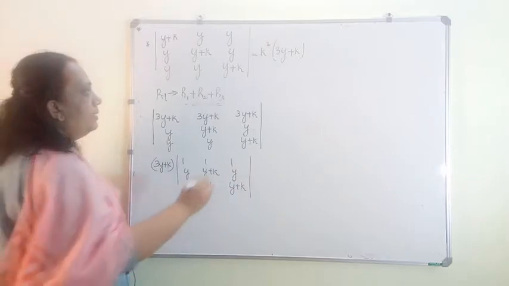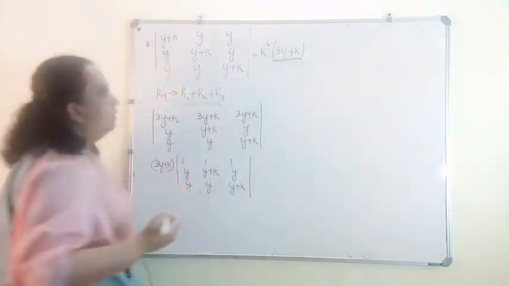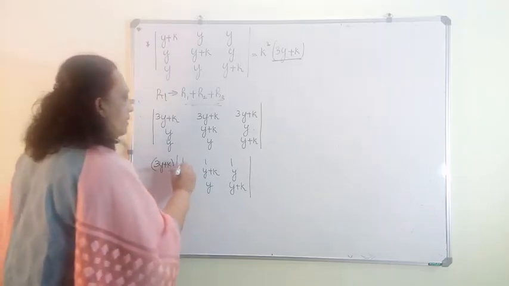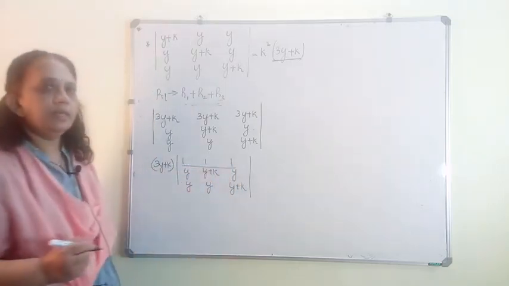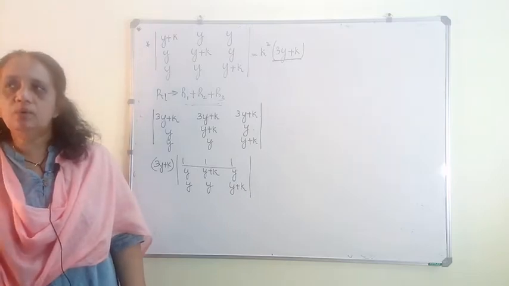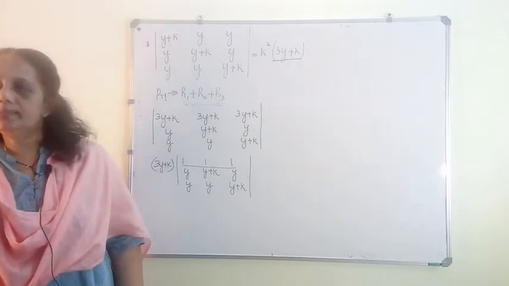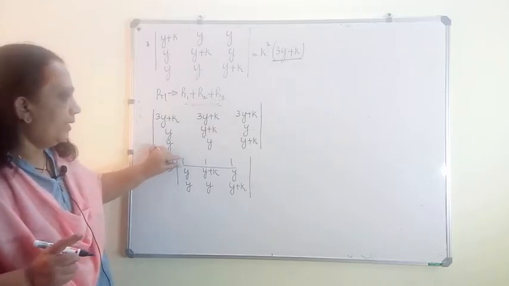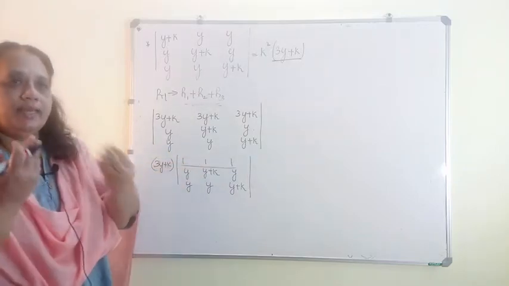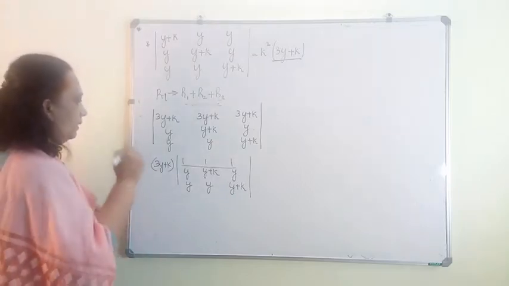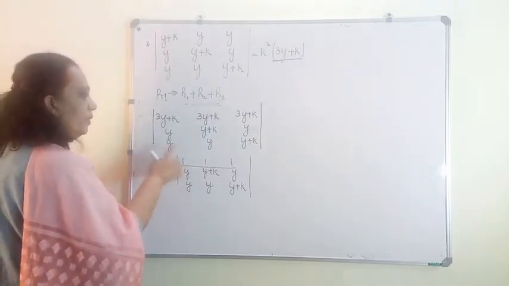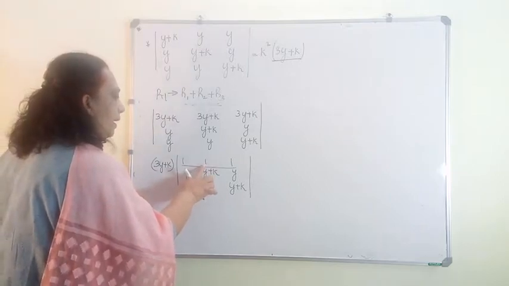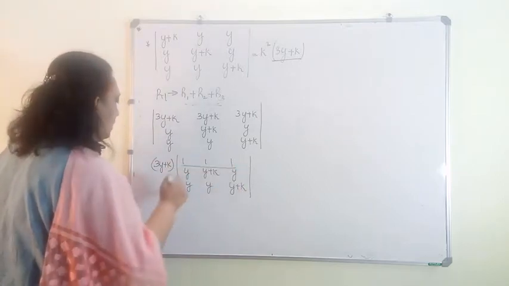So in the answer part, you have obtained this term over here, and also the first row contains all the elements equal to 0. If the first row or the first column contains all the elements equal to 0, keep this as 1 itself. The other two you change as 0. That is the point you have to remember. Keep the first one as 1 itself. Make the second, a12 equal to 0, a13 equal to 0.